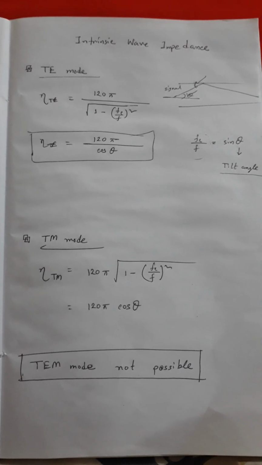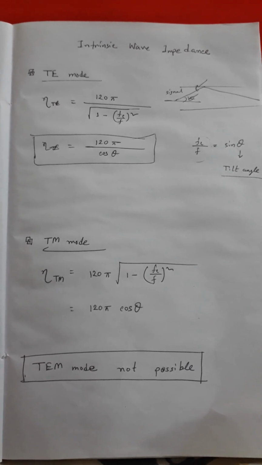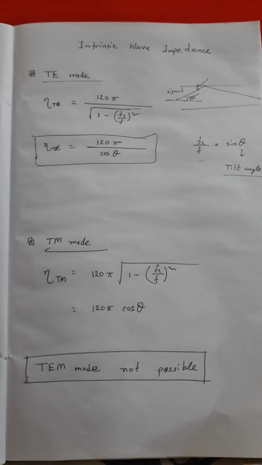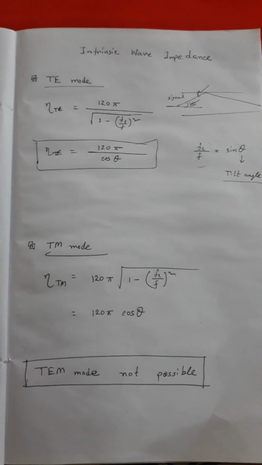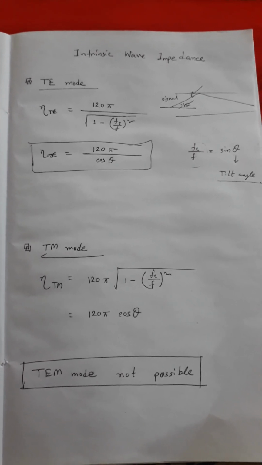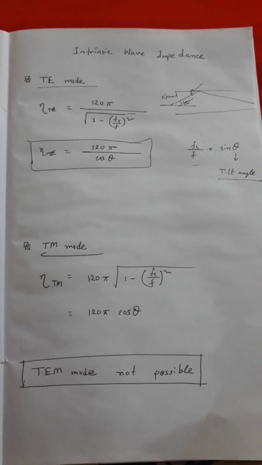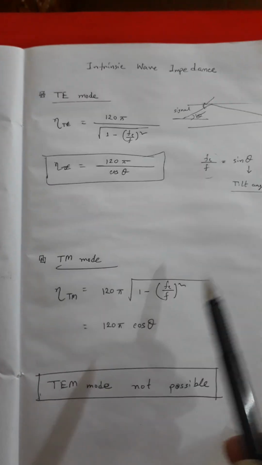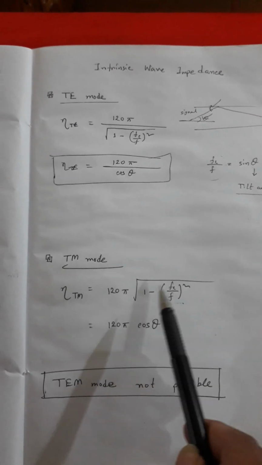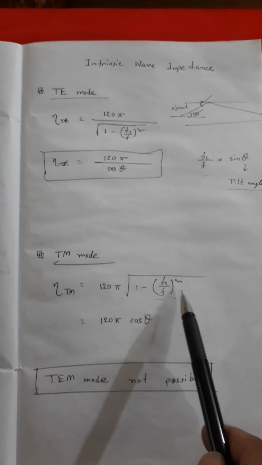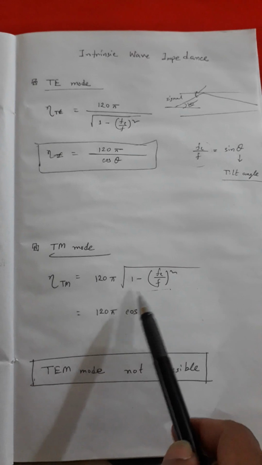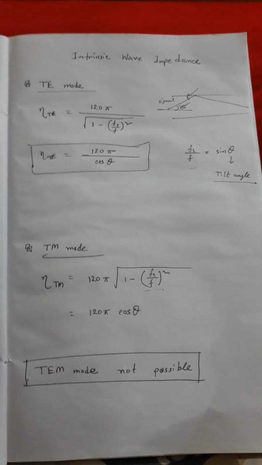And then we will learn about the TM mode intrinsic wave impedance, that means transverse magnetic mode. The equation is eta TM is equal to 120 pi into the square root of 1 minus (fc divided by f) whole square. Similarly, fc divided by f means sine theta, and theta is the tilt angle as we said before, and 1 minus sine square theta means cos square theta, and the square root of cos square theta is cos theta.